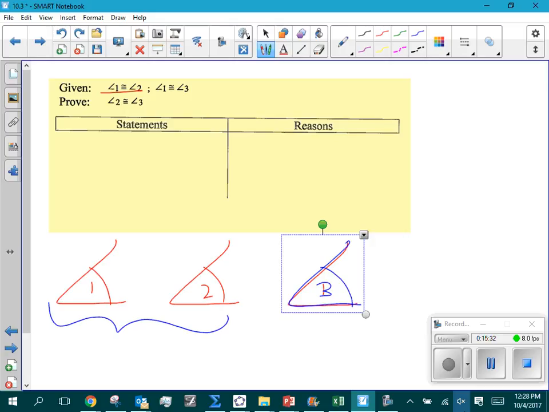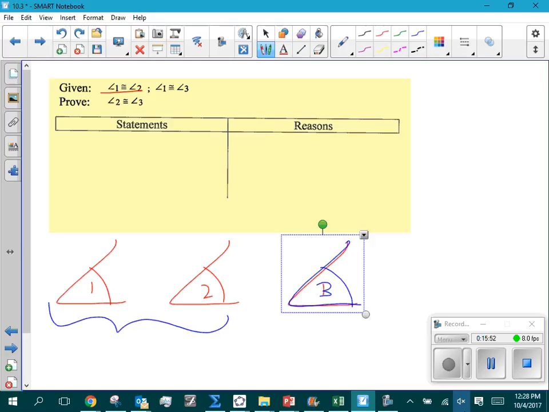So if they all have 1 mark, that means they are all related in the same way. So which 2 angles have we not talked about yet as congruent to one another? It's 2 and 3, right? Okay. So now we can say 2 and 3 are going to be congruent because of that process. Does that kind of make sense? Okay.